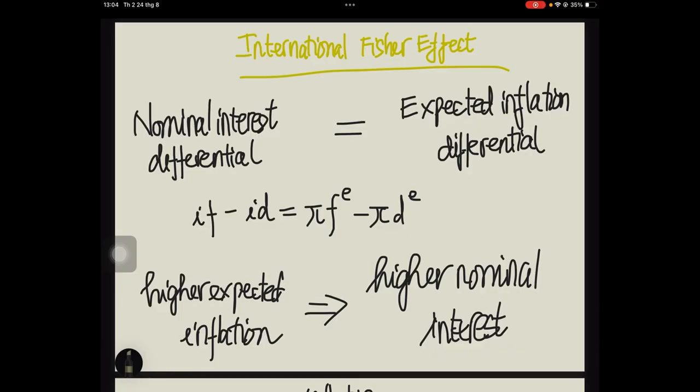The interest rate differential between two countries should approximately equal the expected inflation difference between those countries. So this is the formula. In other words, if the foreign country has expected inflation that is 4 percentage points higher, its nominal interest rate should also be roughly 4 percentage points higher, assuming comparable real interest rate and risk premium.